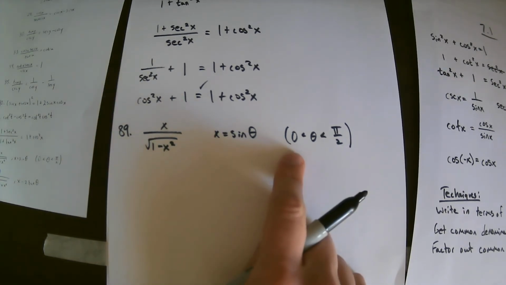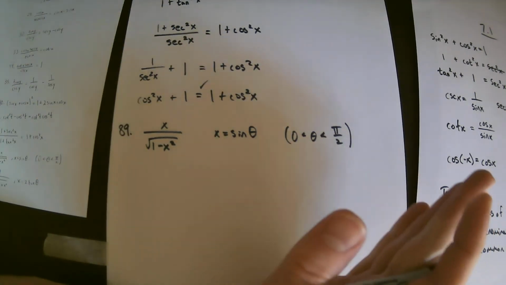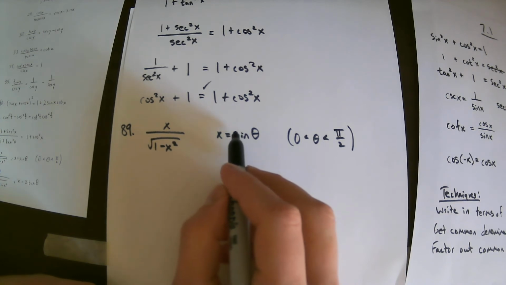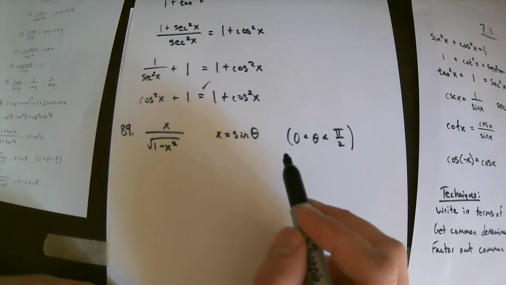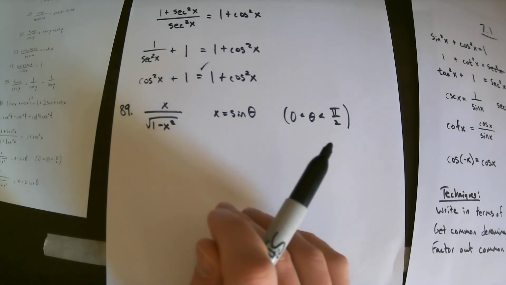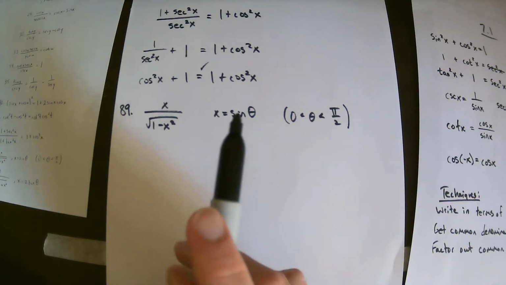Why does theta need to be bounded in the first quadrant? We don't want this to end up being negative, and that's basically why. Because in some of these problems, if it was negative, we could end up with a negative under the square root, and we don't want that.